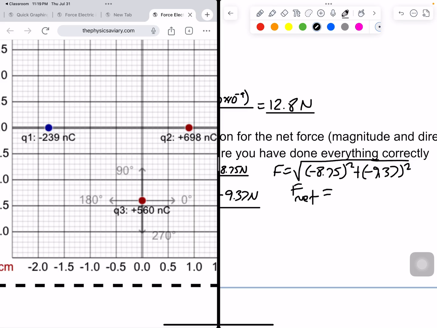This is our net force. So 8.75 squared plus 9.37 squared, square root that, and we're getting about 12.8 newtons of net force.